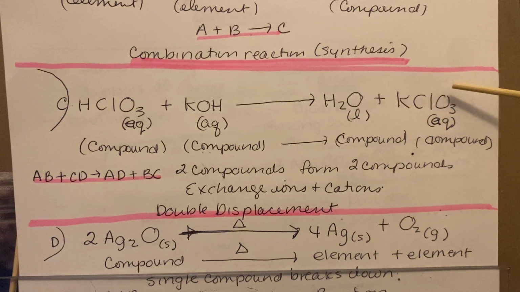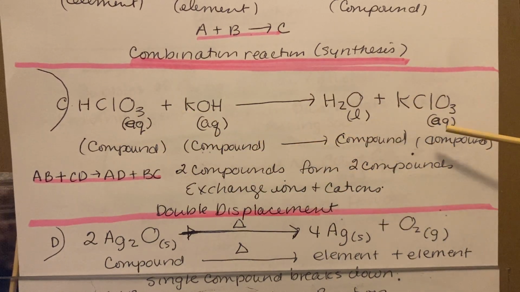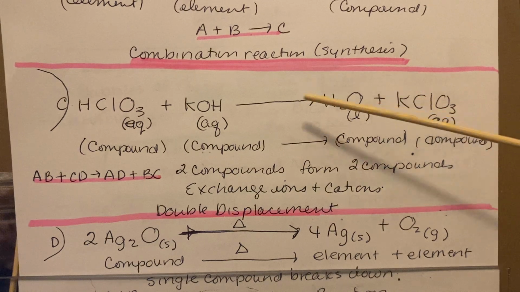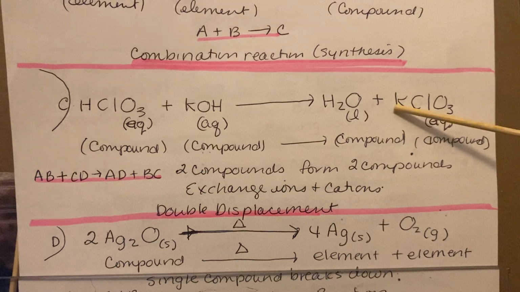If you look at this whole thing, you have a compound, another compound, another compound, and another compound. What's happening in all these compounds? It looks to me they're just changing partners. You have double partners there, so it's a double displacement.